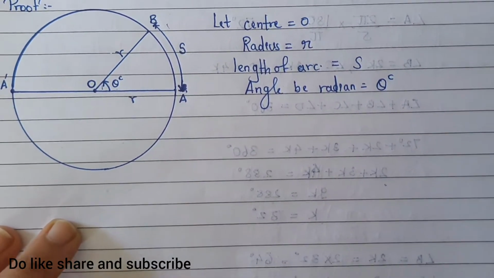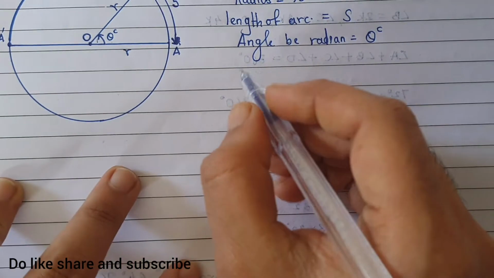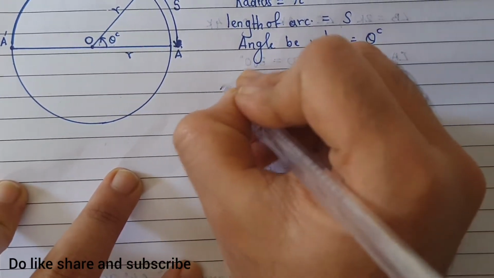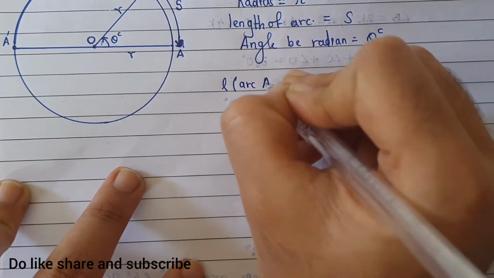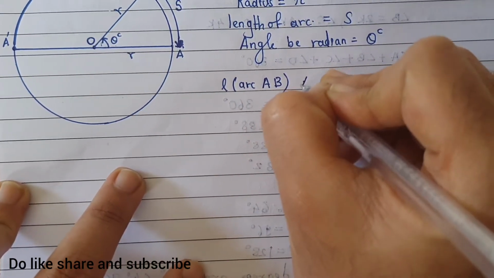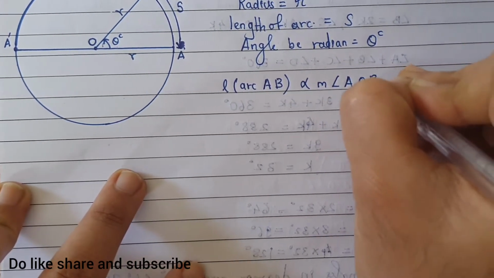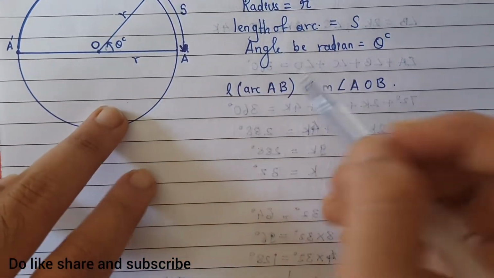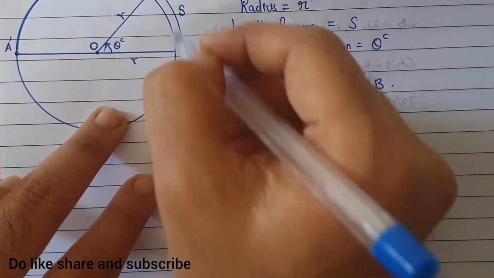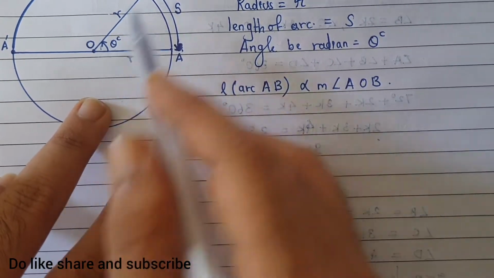Now moving ahead, we have from the figure length of arc AB is proportional to measure of angle AOB. See, this is the length of arc AB, and which is proportional to angle AOB.